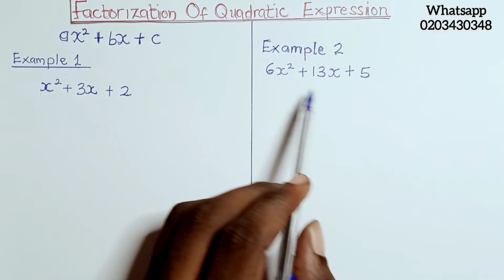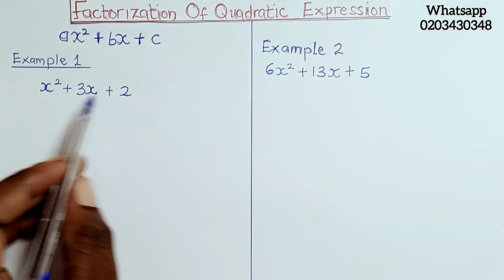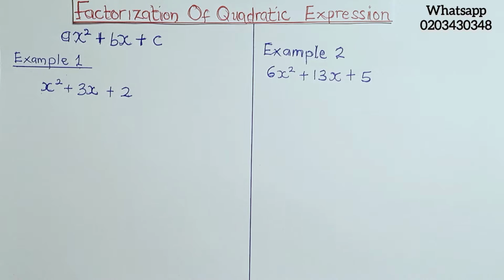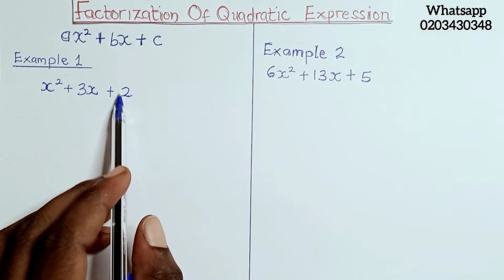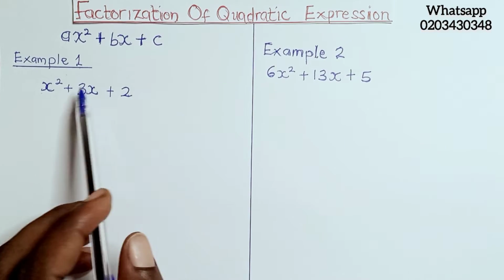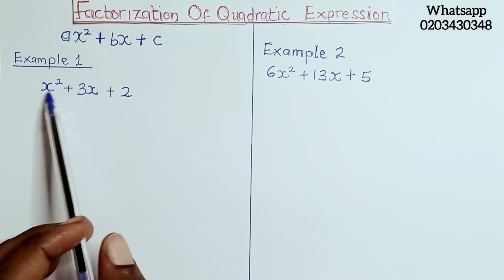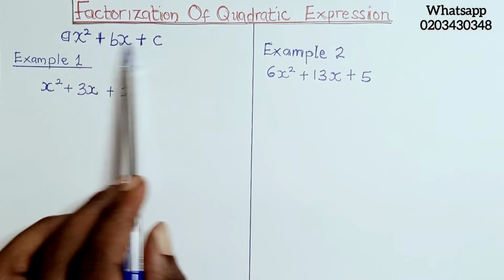All of them have different methods you use to solve them. So let's look at how to factorize this expression. First, you look at the last term, or the c term. Always make sure you arrange your quadratic expression in this form.